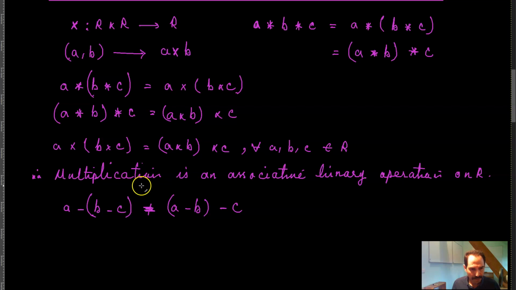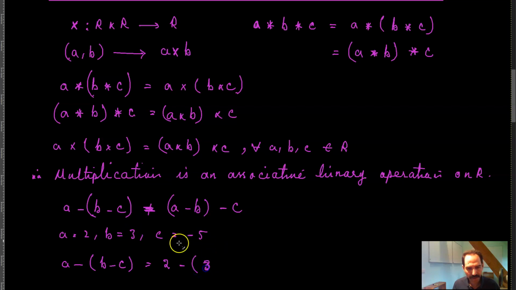But generally, for example, if you have A is equal to 2, B is equal to 3, for example, and C is equal to -5, then A minus B minus C is equal to 2 minus, for example, 3 minus -5, which is +5, which is equal to 2 minus 8, which is equal to -6.